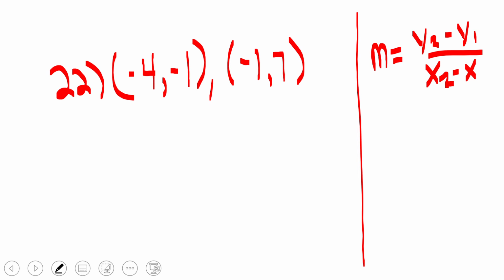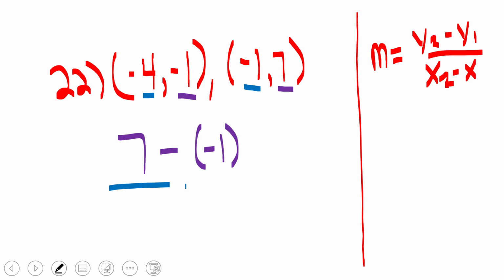All right, you have 2 x values. We have two y values. So the second y minus the first y. 7 minus the first y is a -1, so put that in parentheses. All over the second x value, -1 minus the first x value of -4, so put that in parentheses.